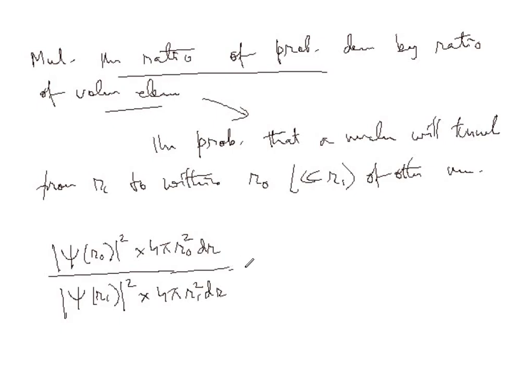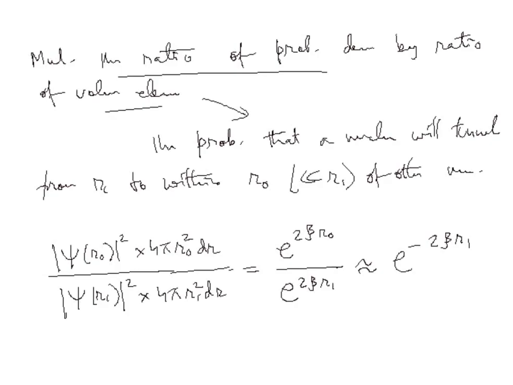Okay, now this is basically equal to e to the power twice beta R0 e to the power twice beta R1, and since R0 is much less than R1, this is of the order of e to the power minus 2 beta R1. Now let us write this in a better way.